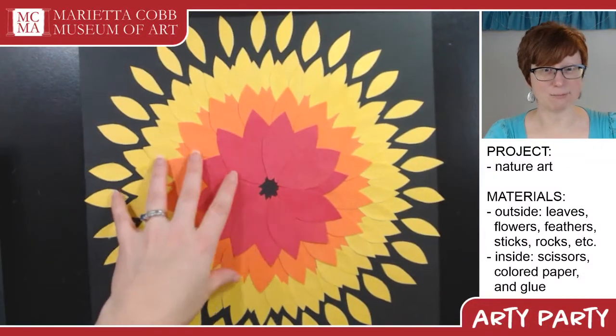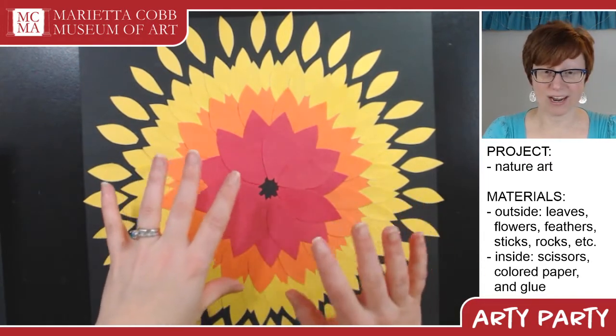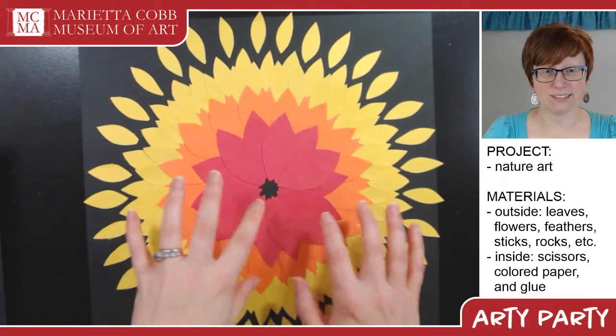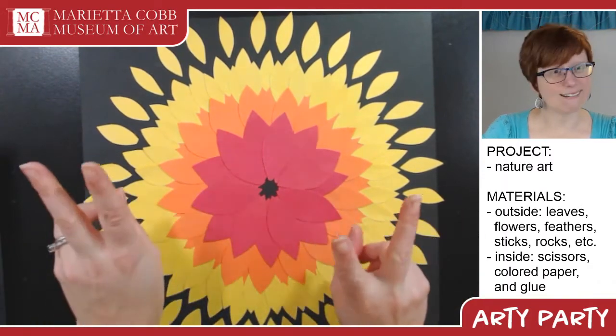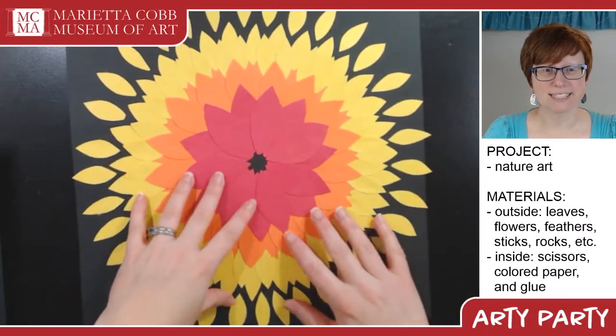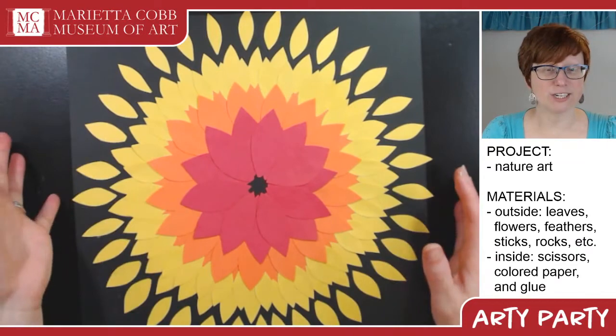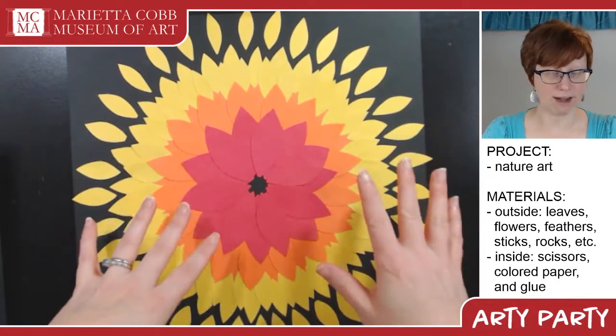And my example is just based on some leaves. You can see that I layered some different sizes and colors of leaves to make this beautiful sunshine flower feather thing. And it's very fun to just move the leaves around.